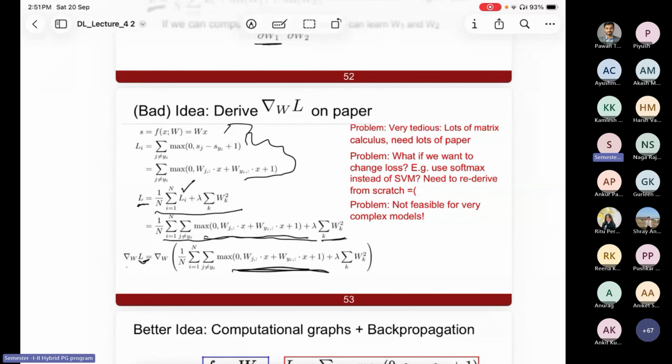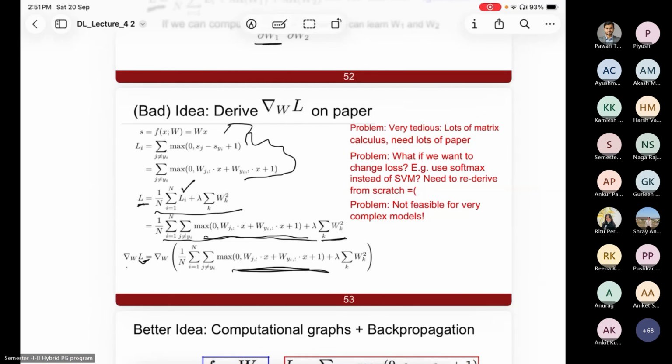So if I give you this loss function, and I ask you to find the derivative of this loss with respect to W1 or W2, and you start writing the derivation in your notebook, it may take maybe 6 or 7 hours.